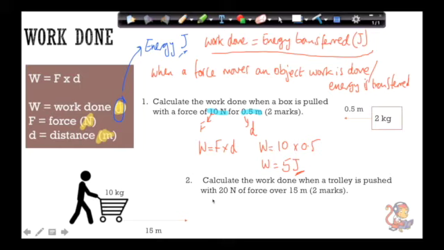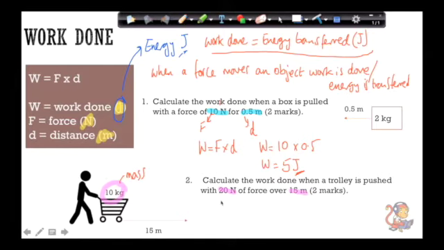Normally a couple of marks for these kind of questions, putting it into a relatively simple equation. Again, another example that you might get is something like this, when someone is pushing an object with a force over a particular distance, and this says calculate the work done when a trolley is pushed with 20 newtons of force over 15 metres. Now, what they might do in the exam is give you some random other bit of information that you don't need, and you need to work out that is in kilograms, so that is a mass, and I don't need mass for my equation here to calculate work done.